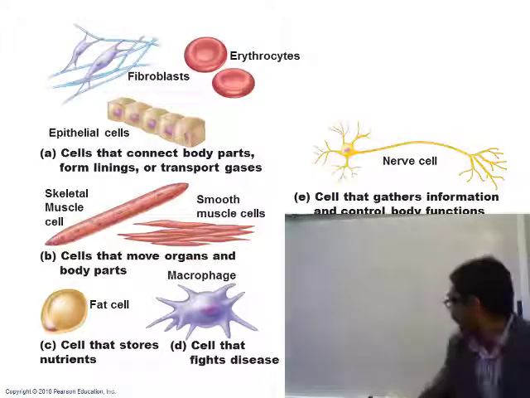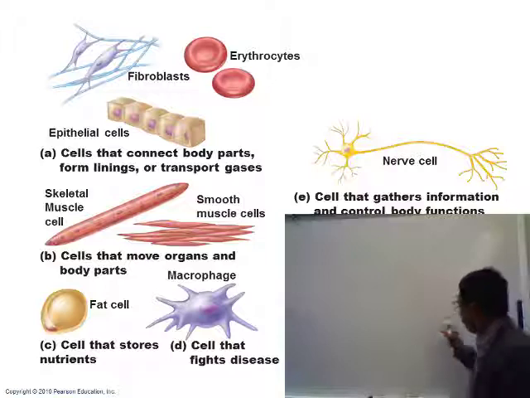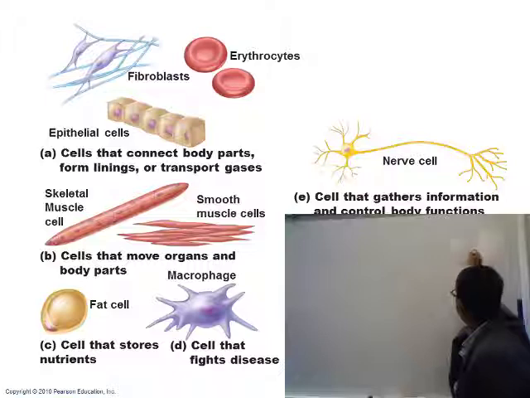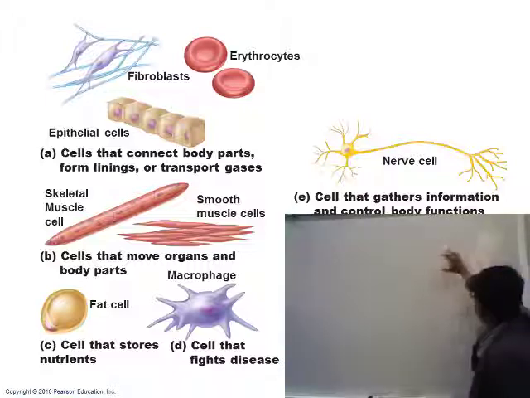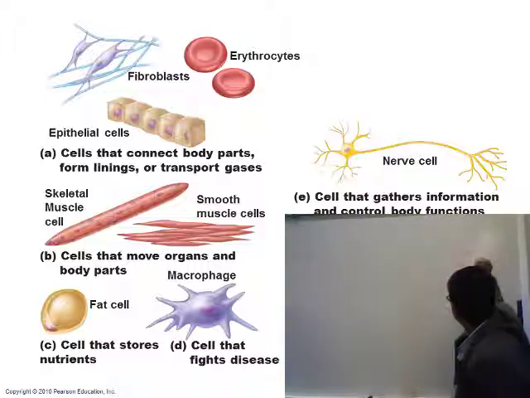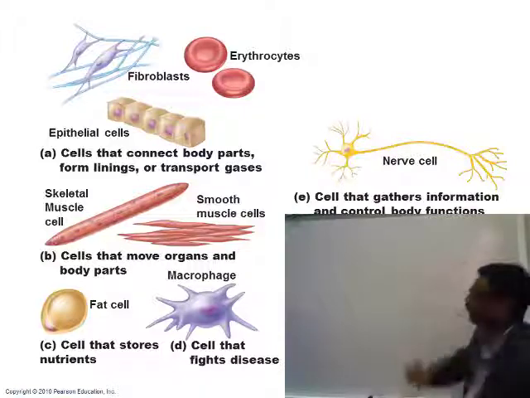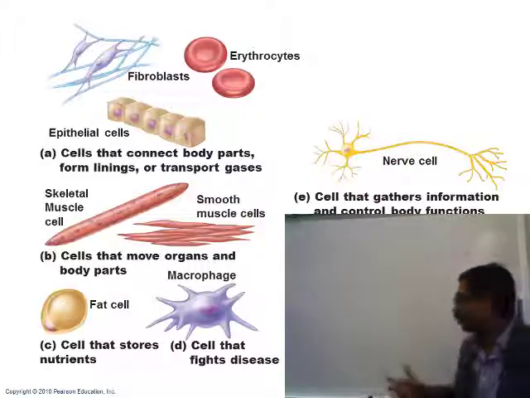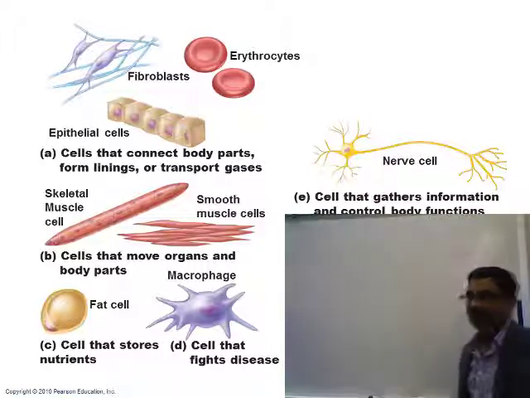Muscle cells. If you see a skeletal muscle, it is very long and cylindrical, and multiple nuclei are present inside the fiber. So fiber is very long, cylindrical with multiple nuclei. But if you see smooth muscle, it is different.